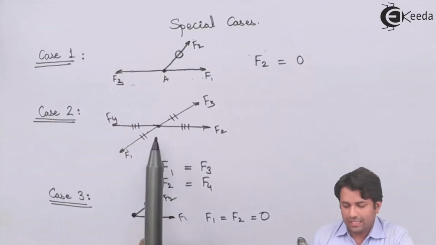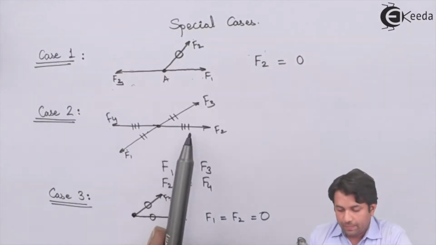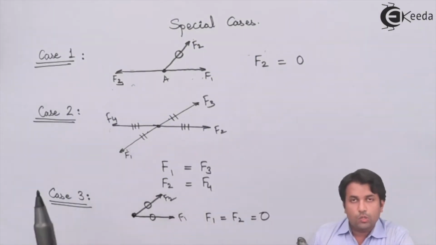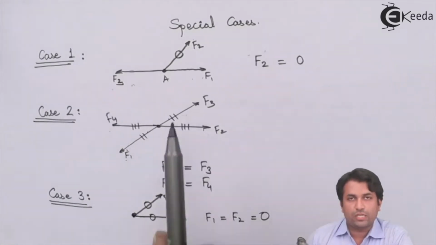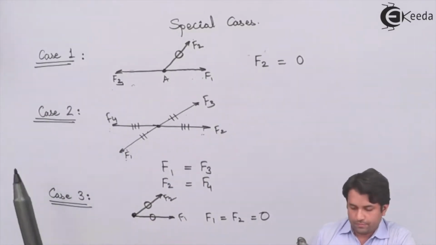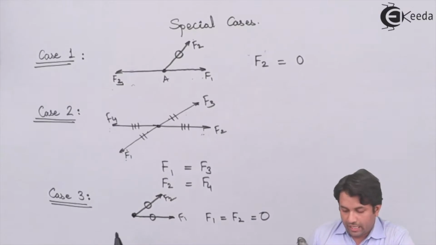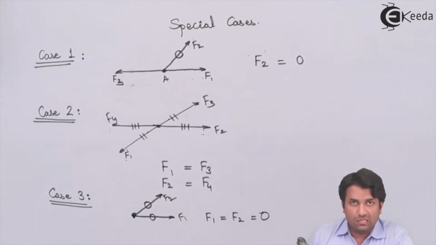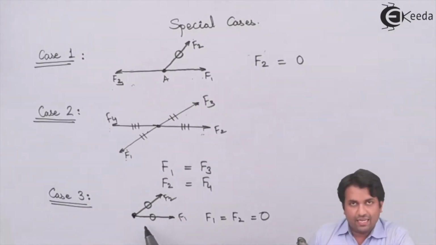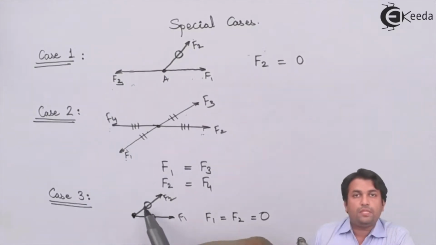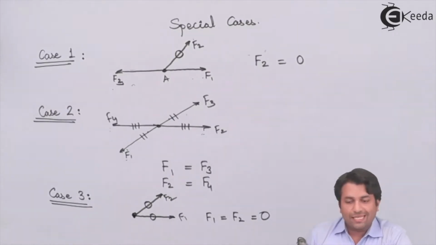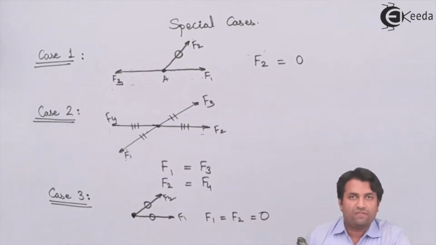If I have four forces acting at a joint and they are paired as collinear forces F1 and F3, F2 and F4, the force in member F1 will be the same as in member F3, and the force in member F2 will be the same as in member F4. Case 3: at this joint, I don't have any external force, or there is no support also. So in that case, these members become zero force members. Now we will see one example wherein we can get at least one of these cases and how to solve that type of truss.